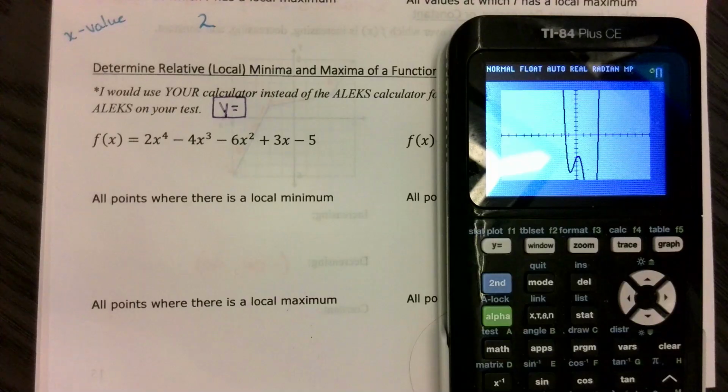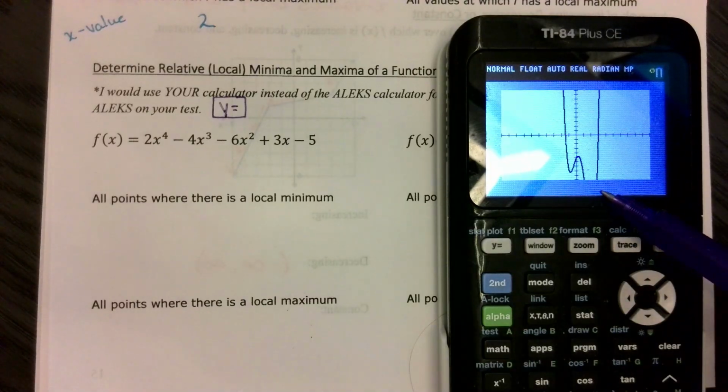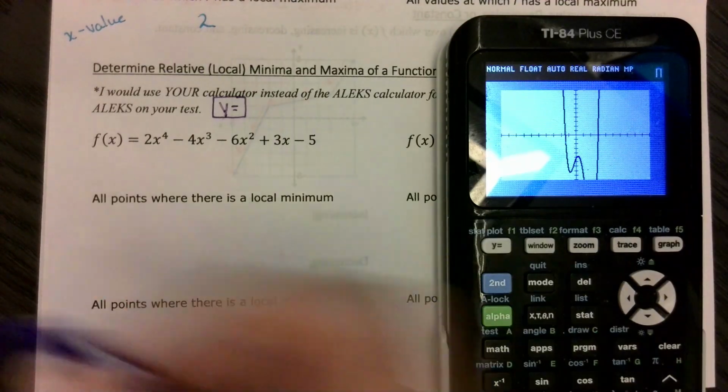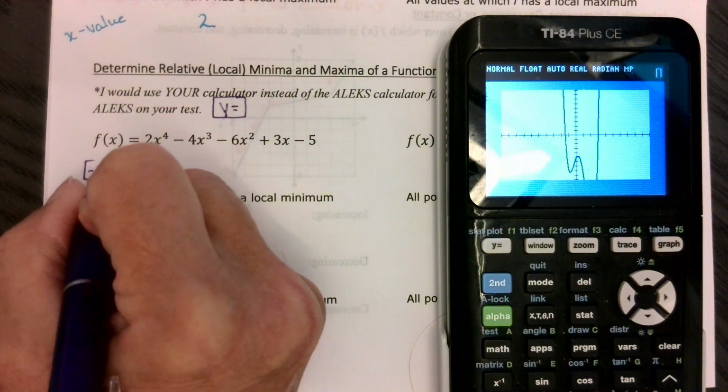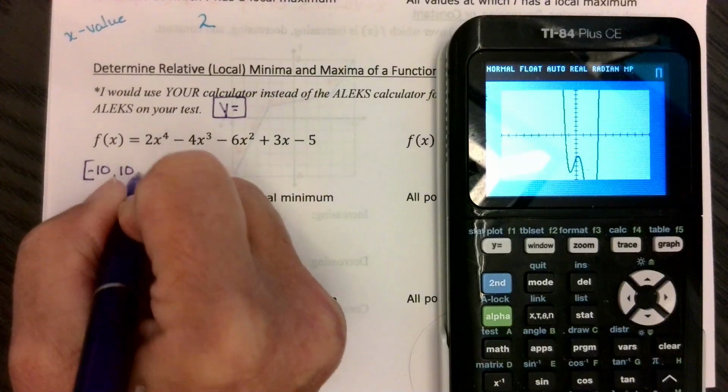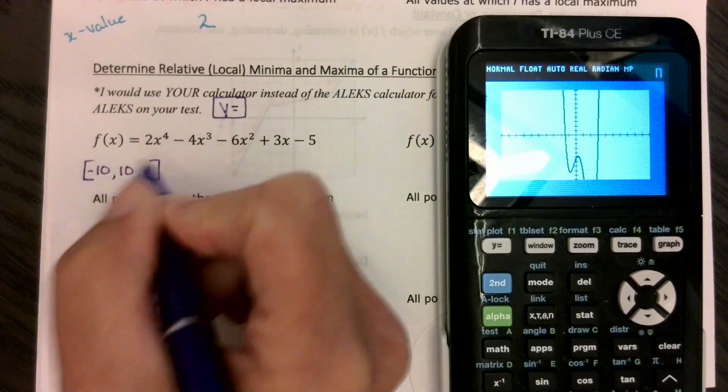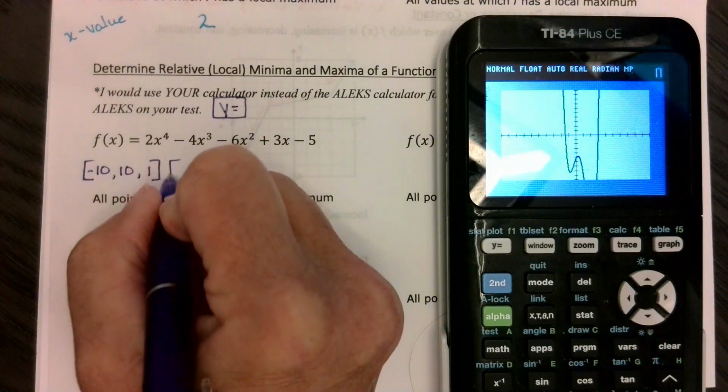Okay, so we got a problem because we can't see this minimum. It still would work. We don't have to fix our window, but I'm going to have you fix your window. All right, so if you see something like this, -10 to 10, 1, and I already know what this needs to be set on.